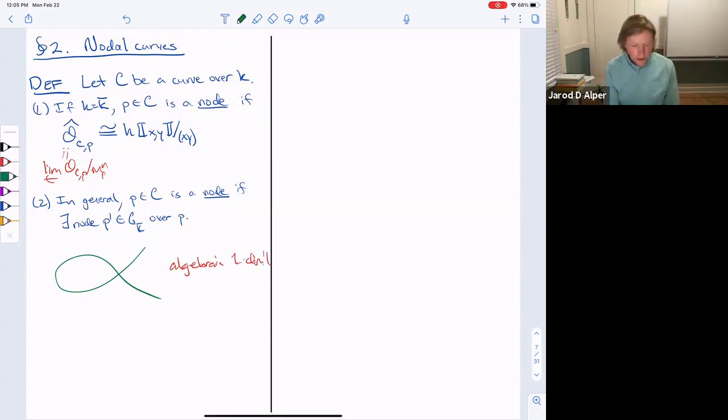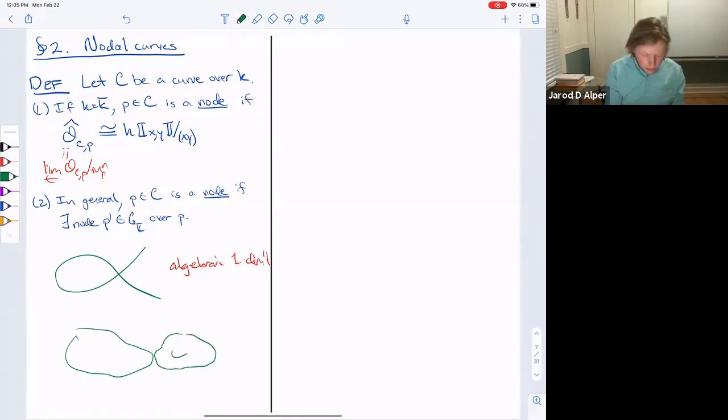But if you want to view this complex analytically, then a node looks like what happens when you take a loop of a Riemann surface and pinch that loop to a point, where the node is this point here. Okay, so that's the definition of a node.